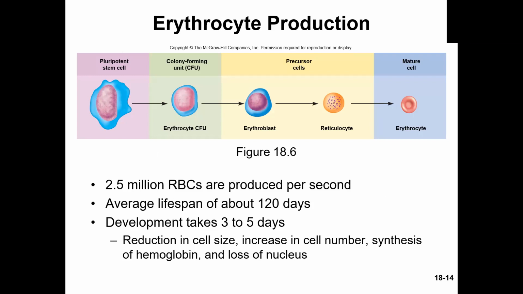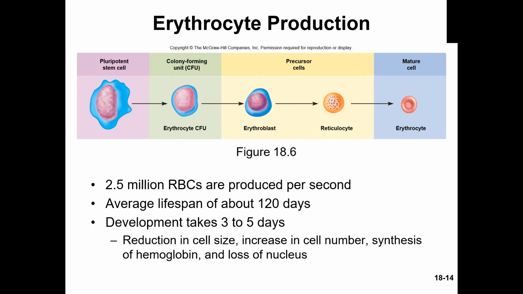Here's an example of how a red blood cell gets produced. It starts with the PPSC, gets directed by some stimulus to go into what is called a CFU, colony forming unit. It then forms what's called an erythroblast.